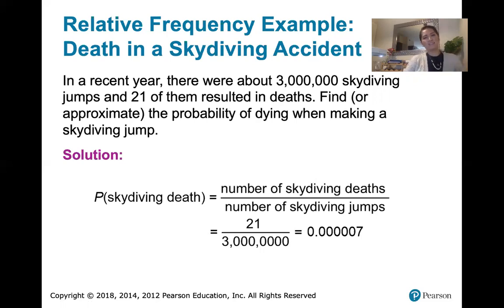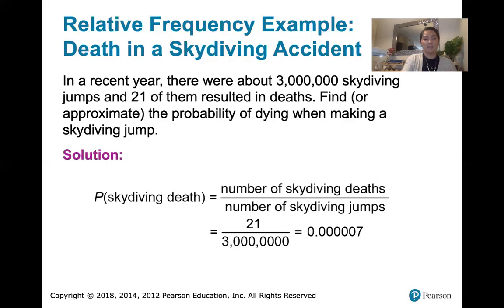So we've got this measure of probability, but again, it's an approximation because it's not taking into account the number of skydiving deaths that can occur out of all the number of possible jumps. It's a little different than that classical approach.